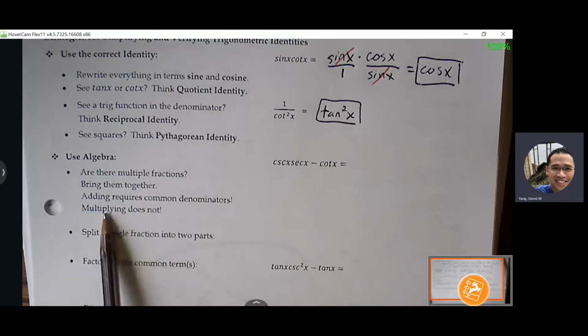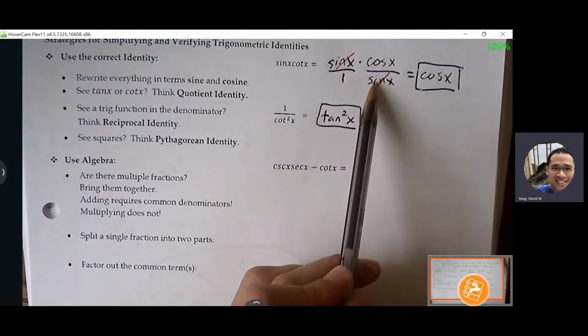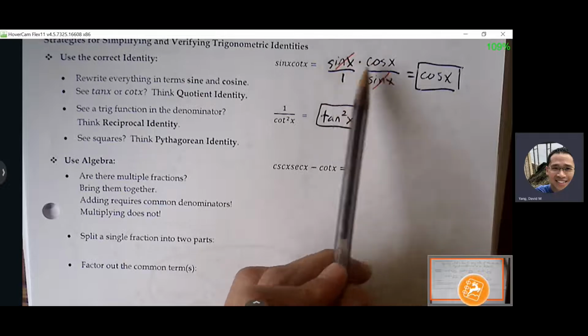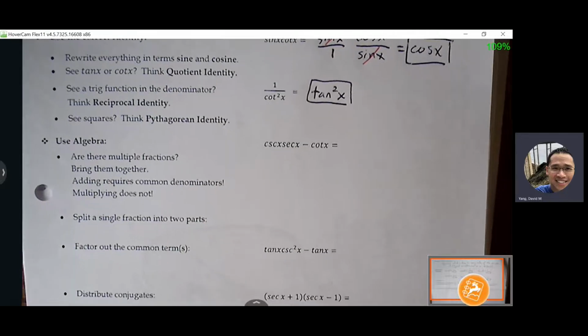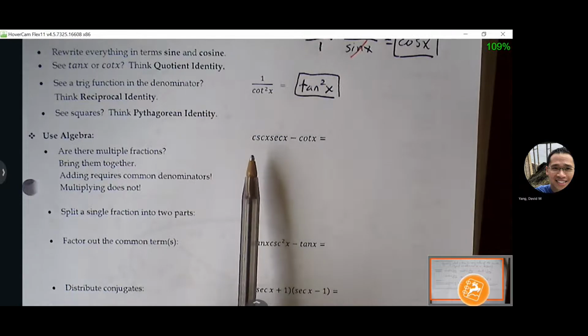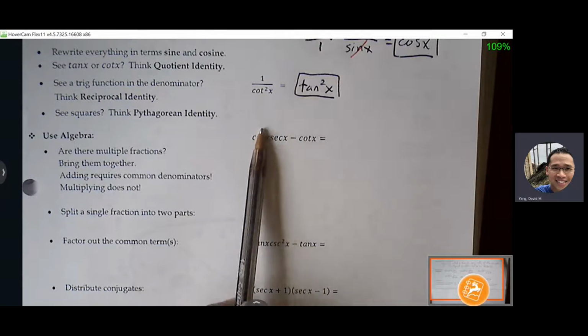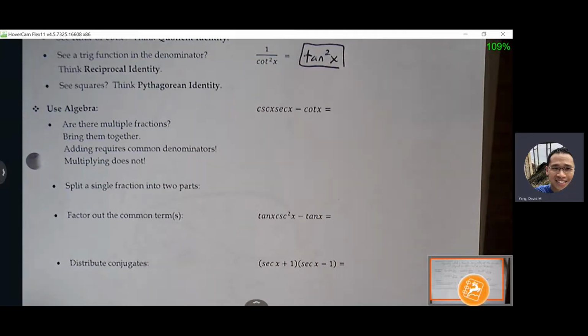Now, if they're being multiplied, it's a lot easier. Multiplication does not require a common denominator, right? Like sine of x over 1 times cosine x over sine x. There's no need for common denominators. We can just cleanly match and cancel those out. But addition and subtraction can be a little messier. So let's see if we can clean this up, and then we can worry about two separate fractions, bringing them together.